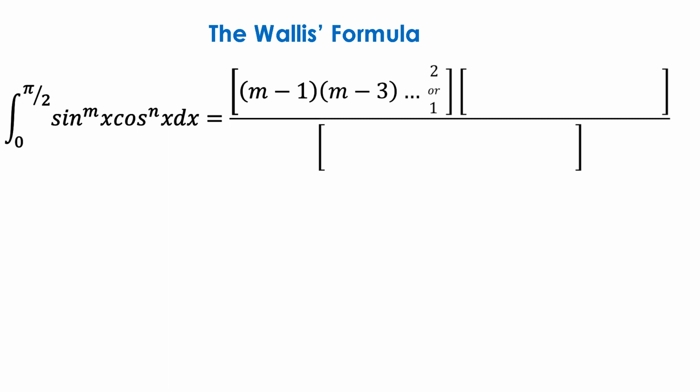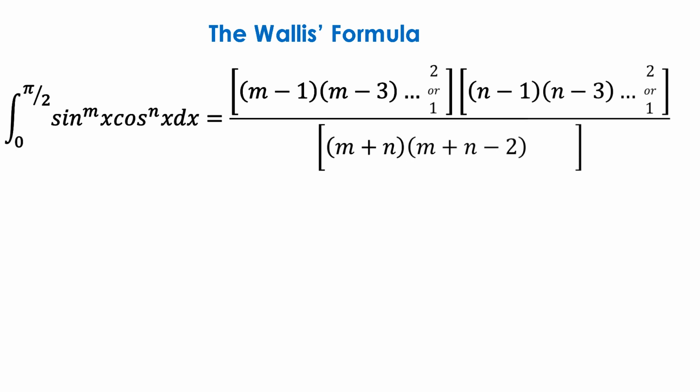We multiply this by n minus 1 times n minus 3 until 2 or 1 is reached, divided by m plus n times m plus n minus 2 until 2 or 1 is reached, and we multiply alpha.